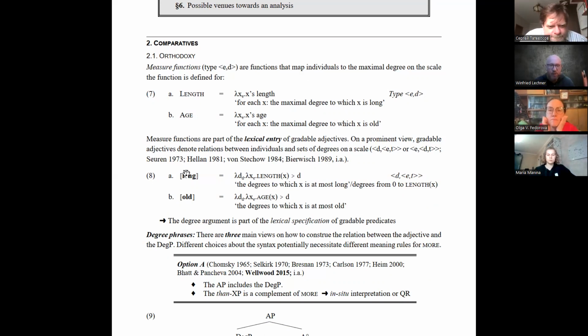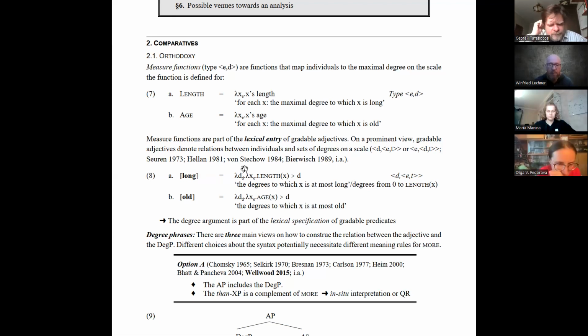So, for instance, if you look at an adjective like long in English, then that adjective includes the measure function, and it imposes a restriction on the degrees that are in that domain.